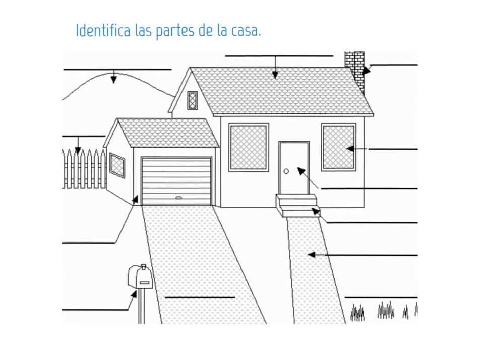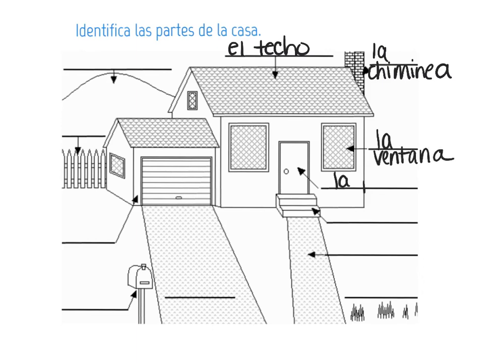So for the exterior of the house, you have el techo. This is la chimenea. La ventana. La puerta. And as you write them, I would say them out loud to help with spelling and pronunciation.